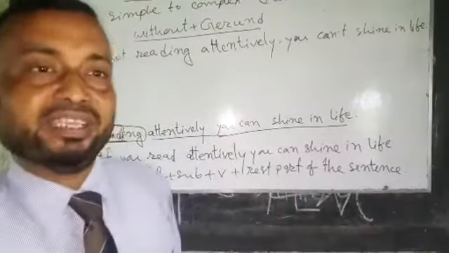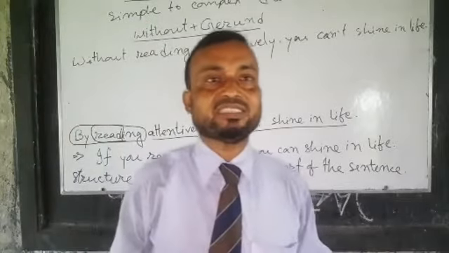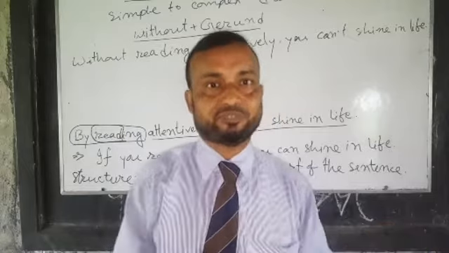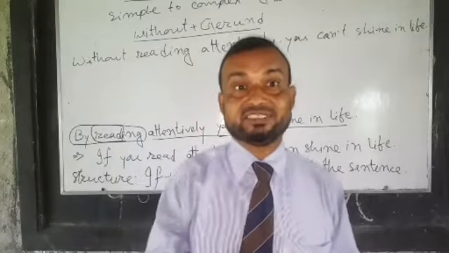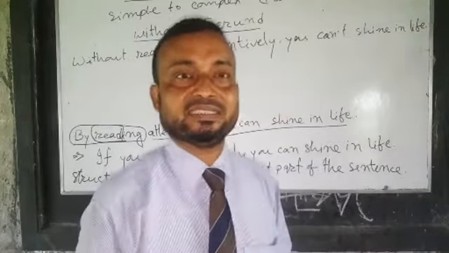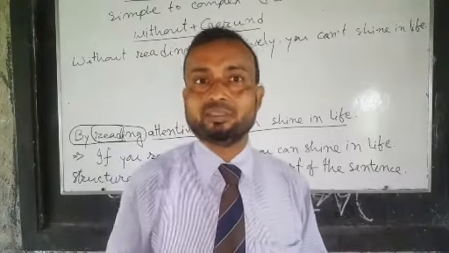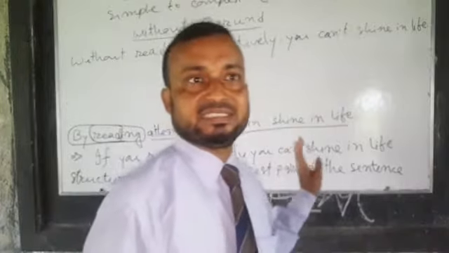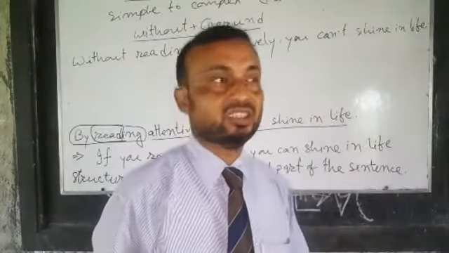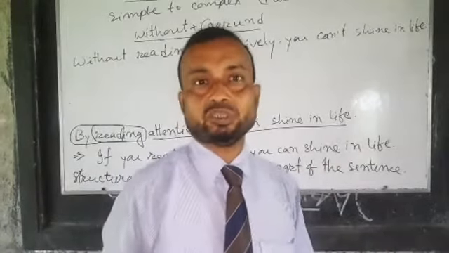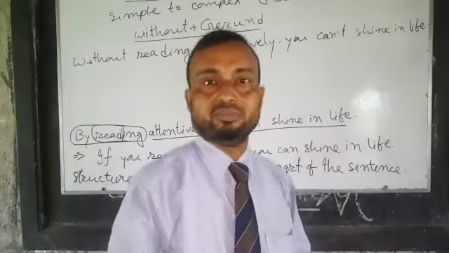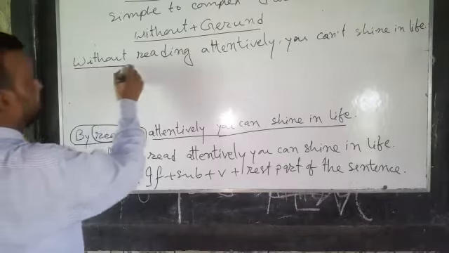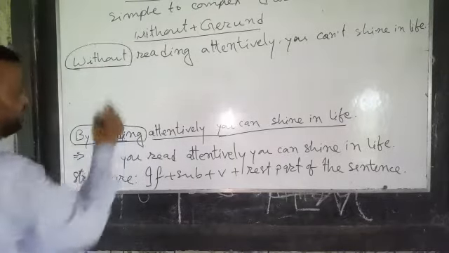So, when by plus gerund is used in a sentence, the sentence will be in affirmative form. And if without plus gerund is used, then the sentence will be in negative form. So, when we change this sentence into complex, at that time we have to use the negative form. What will it be? For by plus gerund we use if.